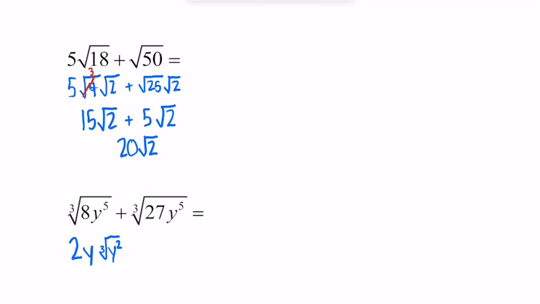Looking at the next term, the cube root of 27 is exactly 3. And then we have the same problem we did just a moment ago. The cube root of y to the 5th is y times the cube root of y squared. Here we do have exactly the same variable and root part, so we add the coefficients at the front, and the result is 5y times the cube root of y squared.